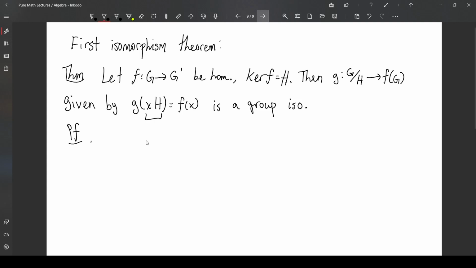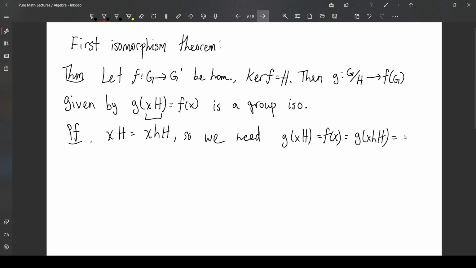But it's not necessarily xH, right? xH is the same thing as xhH, x little h H, right? So we need g of xH, which is equal to f of x, to equal g of xhH, which is f of xh. Thankfully, this is the case.